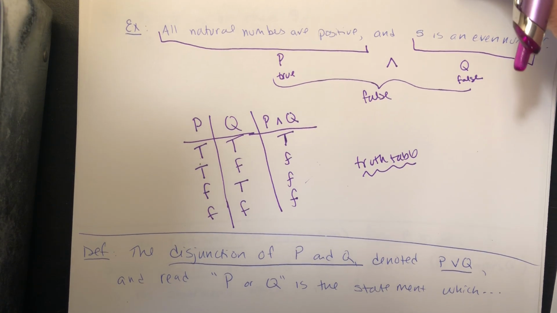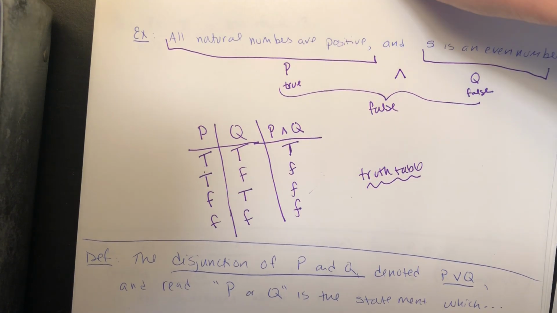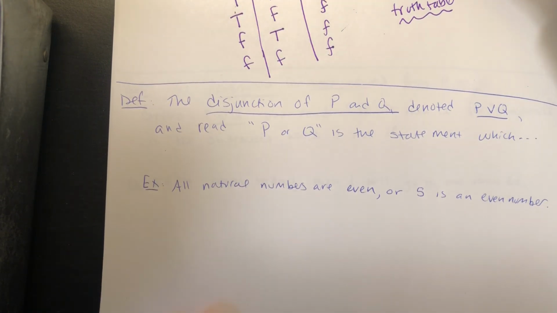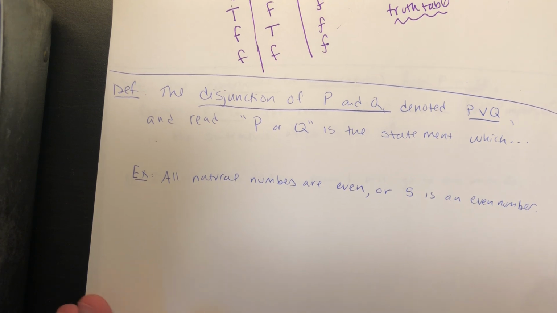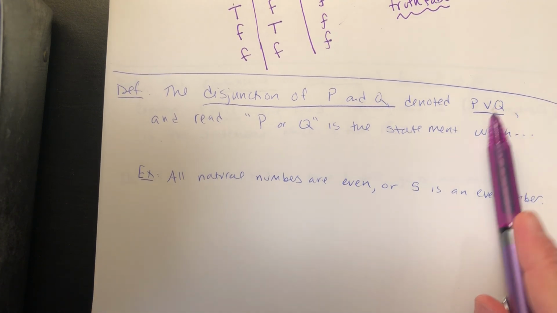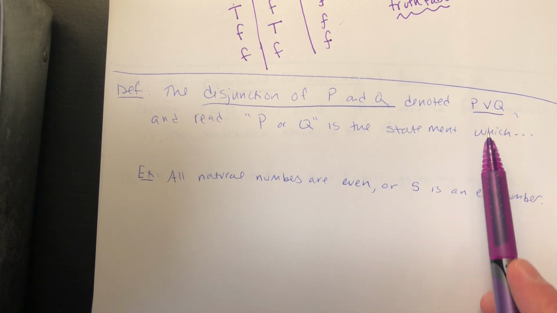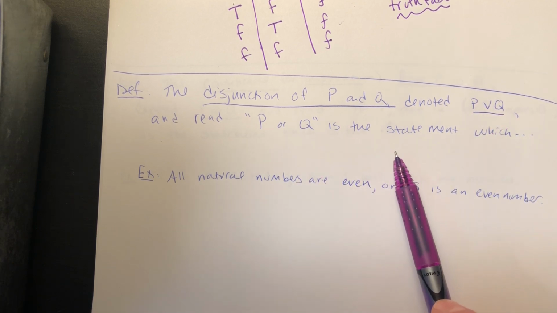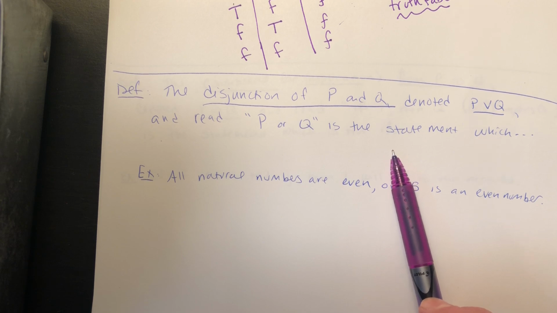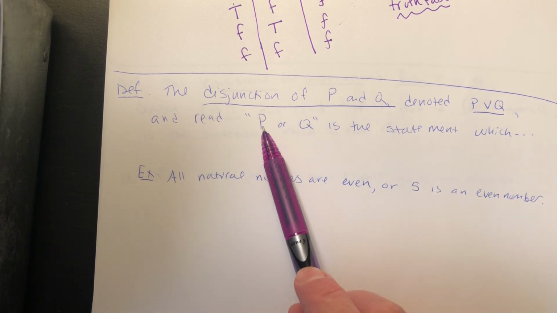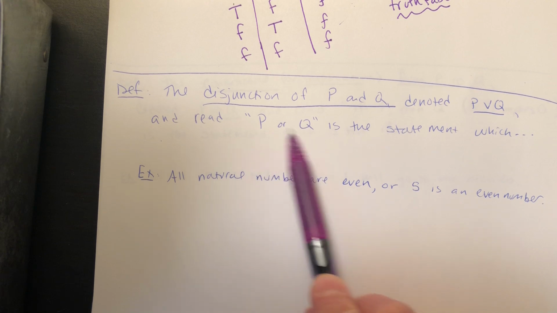Okay, with that in mind, let's move on to our next logical connective, which is a disjunction. We say the disjunction of P and Q, which we denote with P, V, Q, so this is like a V symbol, and we read it as P or Q. Well, this is an or statement, and we saw in the warm-up that an or statement is going to be true as long as at least one part of it is true.